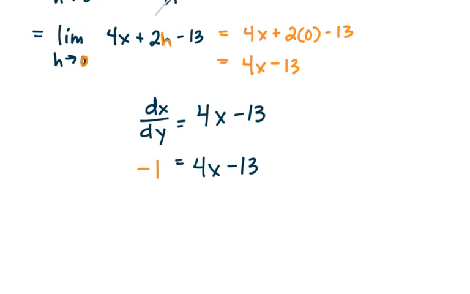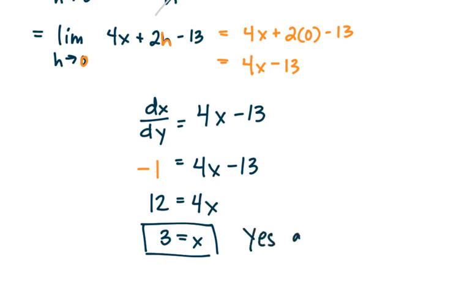In this case, I'm going to add the 13, that gives me 12 equals 4x, and divide by 4 on both sides, that gives me 3 equals x. So to answer the first part of our question, yes, at x equals 3, the slope of the tangent line to this parabola is -1.